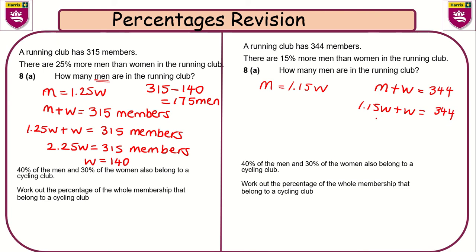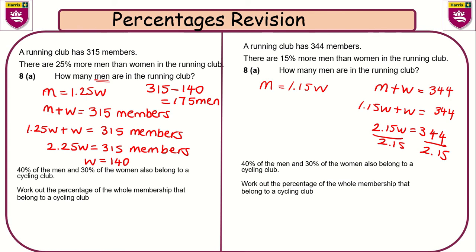So 1.15W plus W is going to give you 2.15W, that equals 344. So we divide by 2.15. With questions like this, if you end up with a decimal, you are not going to round it up, because you can't have point something of a human being. You need to round it down, okay?